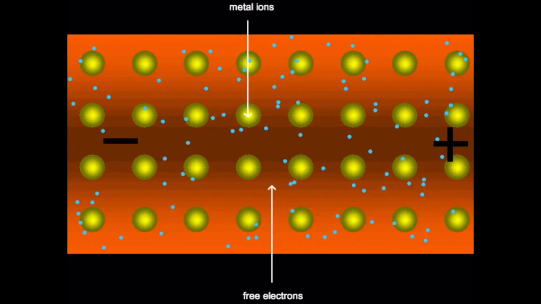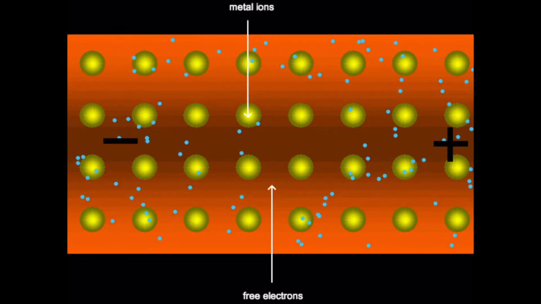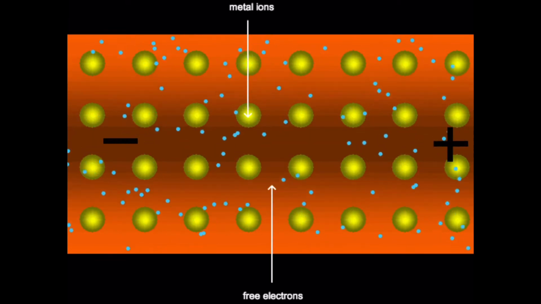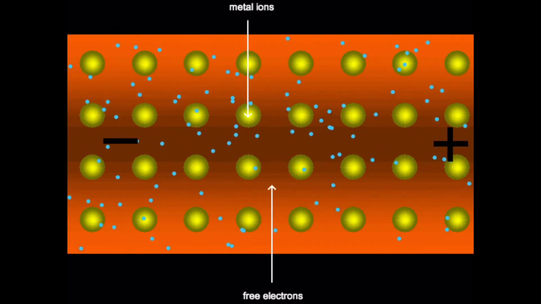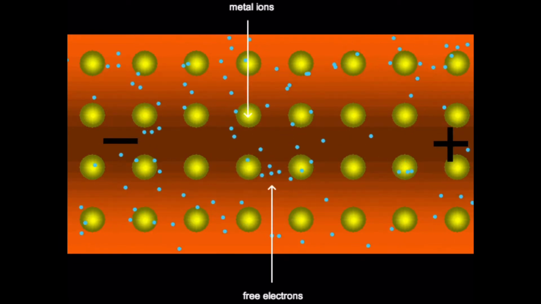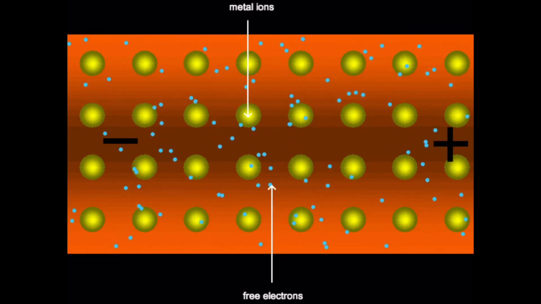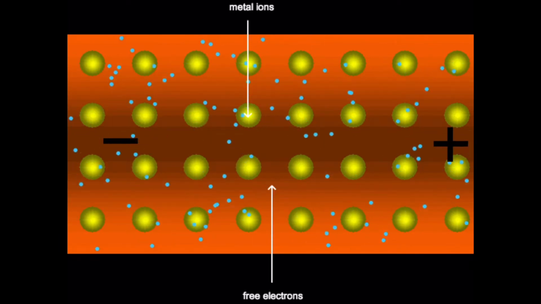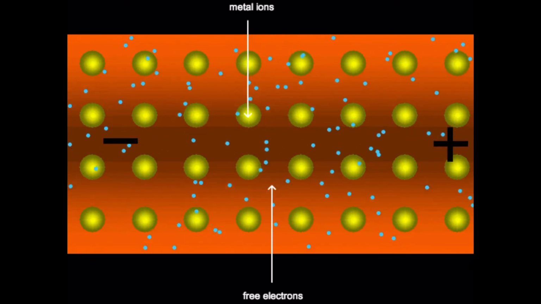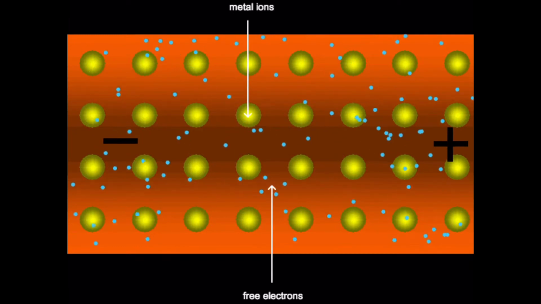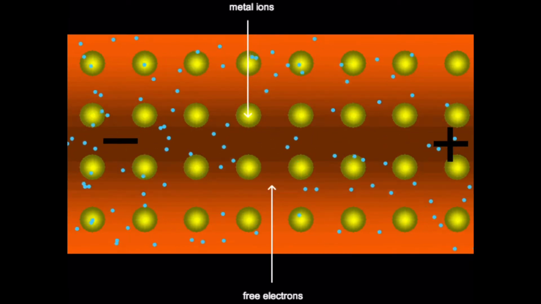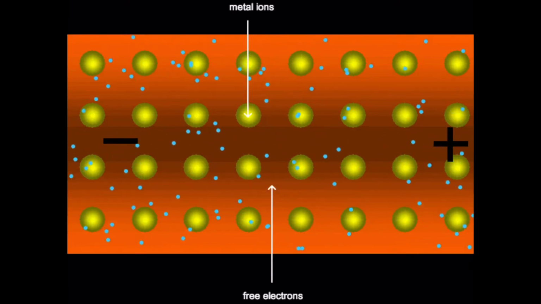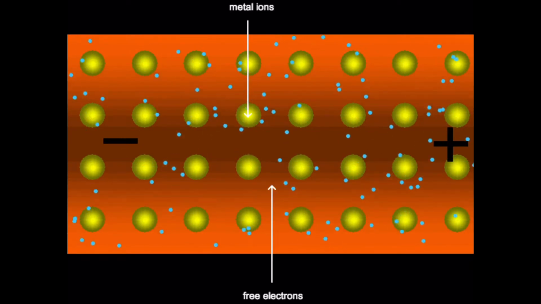Okay, so I'm going to show you another image now of an ionic compound. And electrolysis, as we looked at our definition, is the breaking down of an ionic compound using electricity. But I'm going to show you an image now of an ionic compound, and I want you to tell me how this ionic compound will conduct electricity.